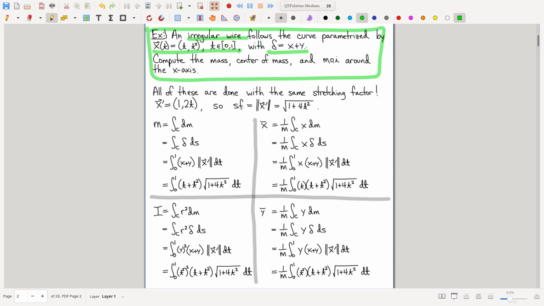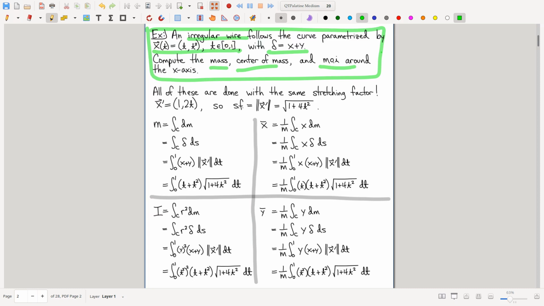There are various questions that I can ask about this wire. I have mass distributed over a curve in a certain way. I can ask how much mass there is. I can ask what's the location of the center of mass. I can ask what's the moment of inertia of that thing around a certain axis. Various different things that I can write down, various questions I could ask about the same wire, parameterized by the same curve, with the same distribution of density.